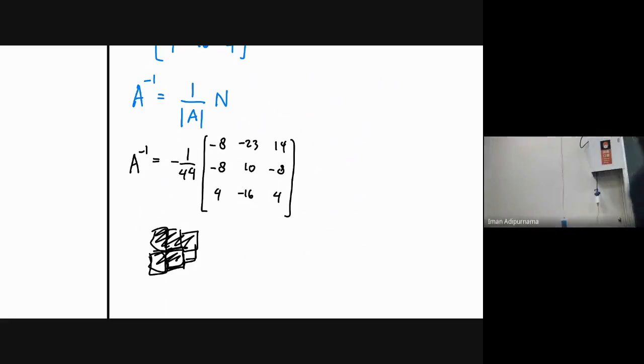So how to compute the image, how the pixel is processed, is basically using the world of matrix. Okay.